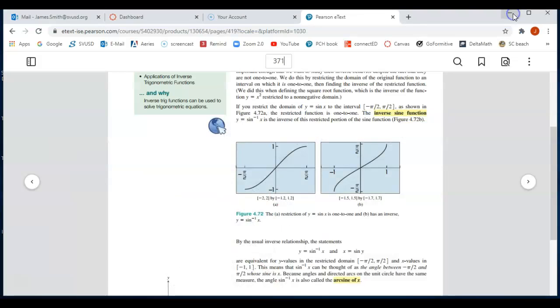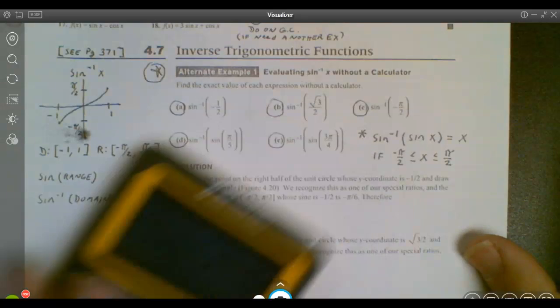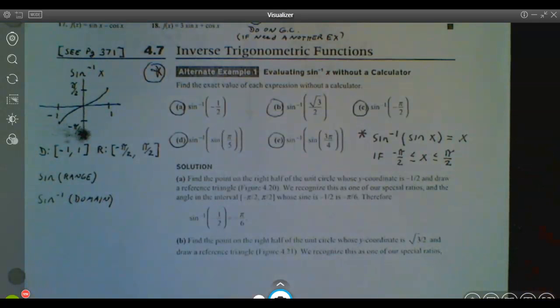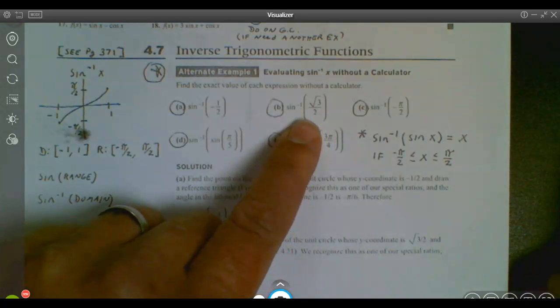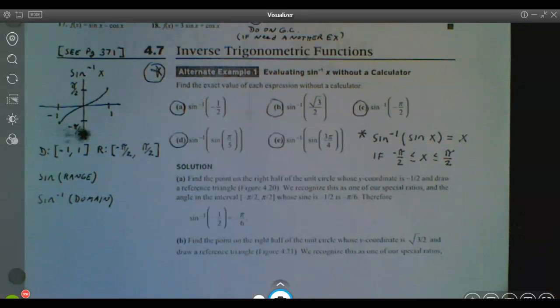So anyway, let me go back to our examples. Hopefully that made sense. Let's look at another one right here. It says, what is the inverse sine of rad 3 over 2? And the way we're going to interpret that, from the inverse function, is: what angle produces the length ratio of rad 3 over 2?